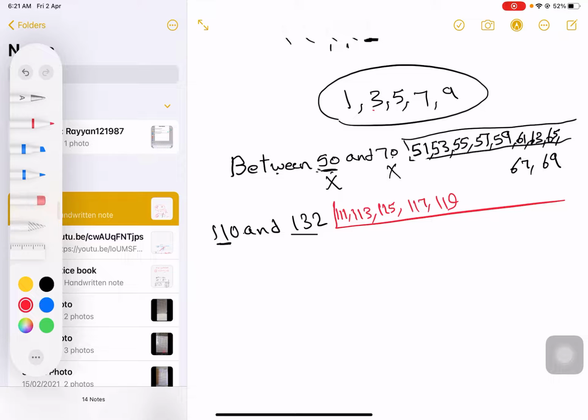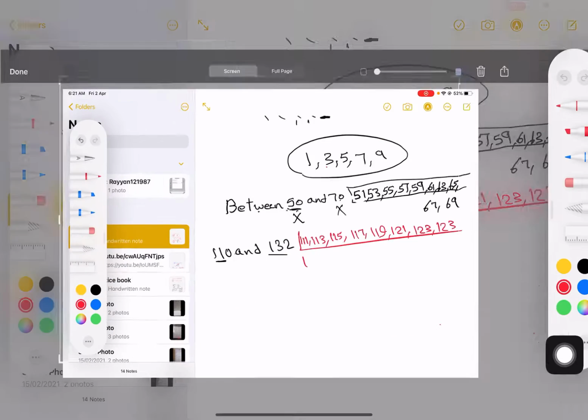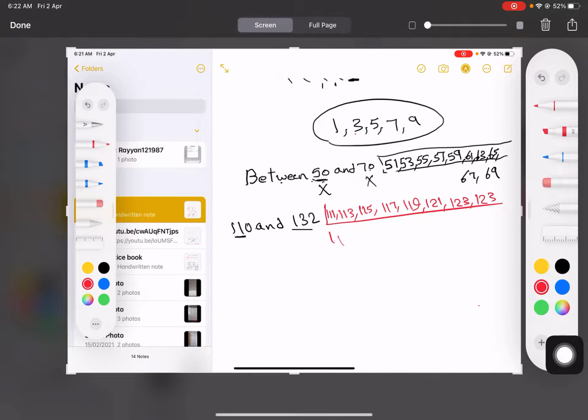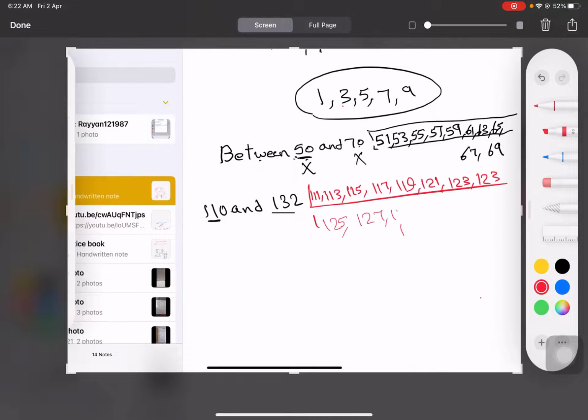We are in 119. What comes after 119? 120. This number is even, so it is 121. Then 123, 125, comma, 127, comma, 129, and 131.